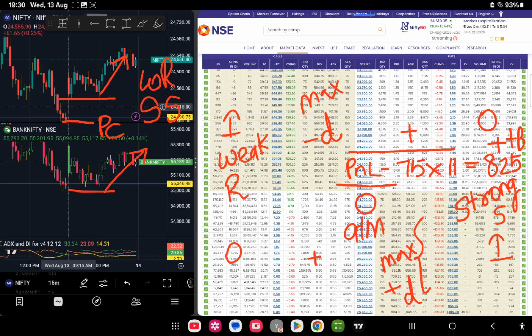Okay, so when somebody would have done for this strike, this would be the profit, but you can add as much as legs you want. You can actually combine with ITM, OTM, any number of legs or strikes you can see here.